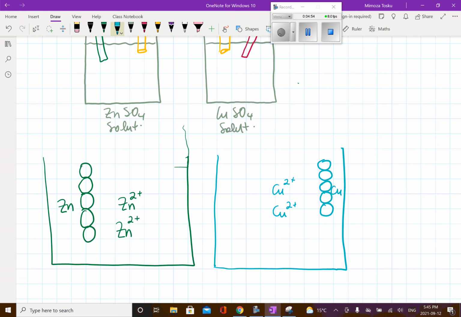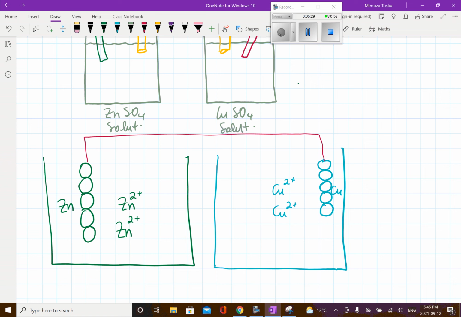Great. And now when we connect those two, what is happening is that they are having a competition as to which one will grab electrons, which one is stronger at grabbing electrons. So copper 2+ is saying, give me the electrons, to the zinc metal.